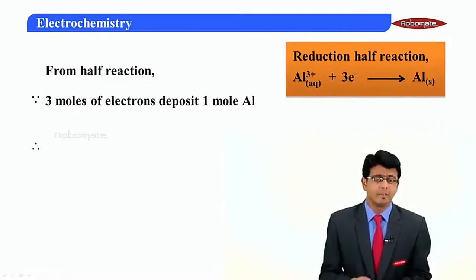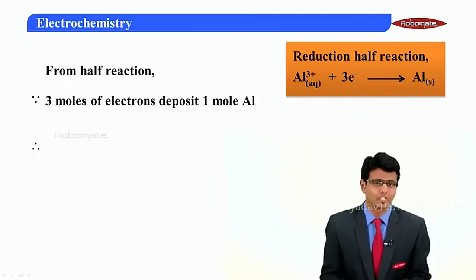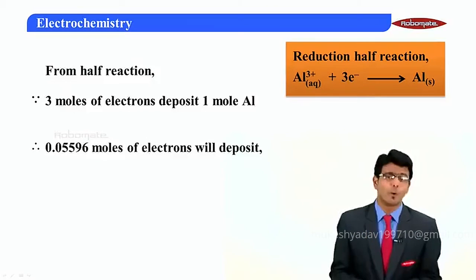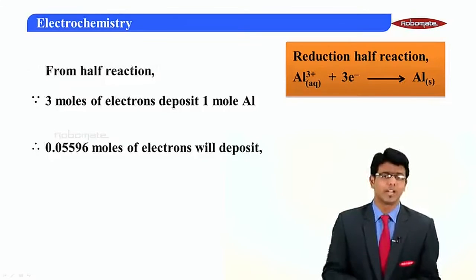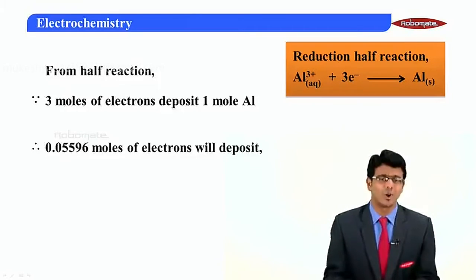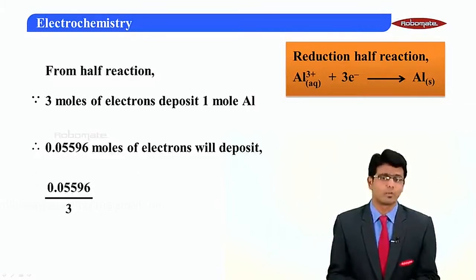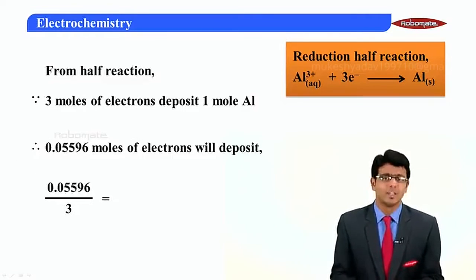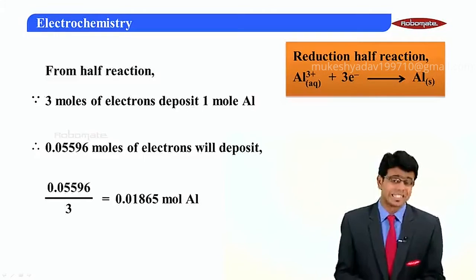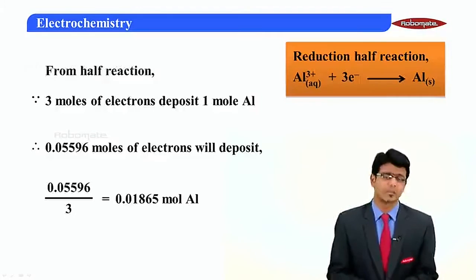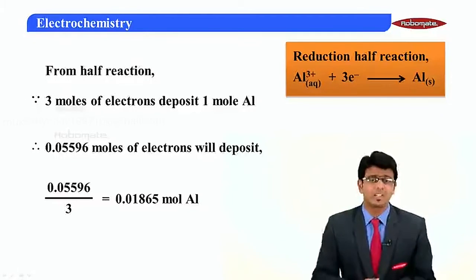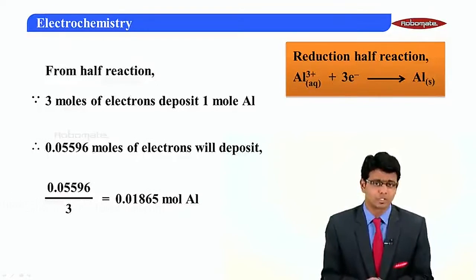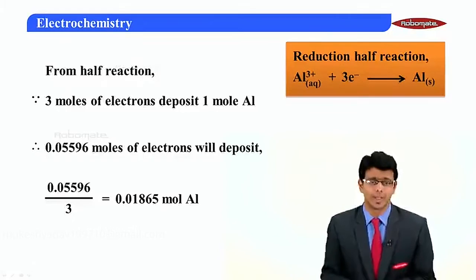Therefore, we have already found the number of moles of electrons, that is 0.05596. So many moles of electrons will deposit how much of aluminium, which is precisely given by 0.05596 upon 3, which gives us the answer as 0.01865 moles of aluminium. So these are the moles of aluminium produced in this particular numerical, okay?